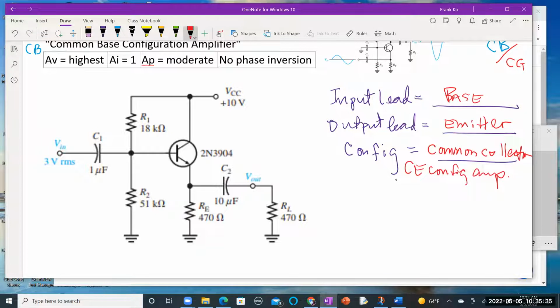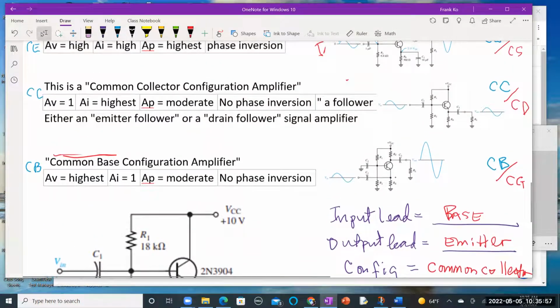Okay, were there some specific characteristics pertaining to a common, I wrote it down wrong, sorry. Got excited again. Were there some very specific characteristics pertaining to a common collector amplifier with respect to AV, AI, power, and phase inversion? Let's go ahead and look at our summary. What do you see?